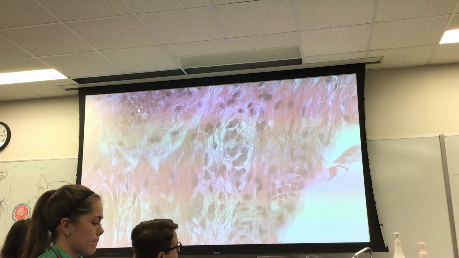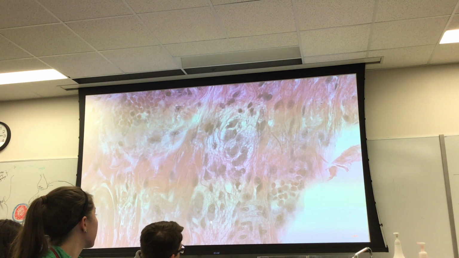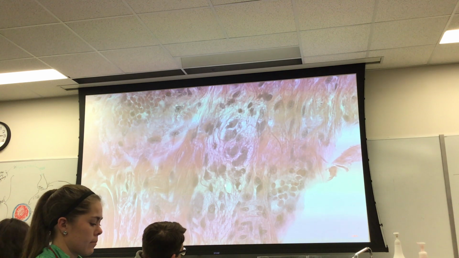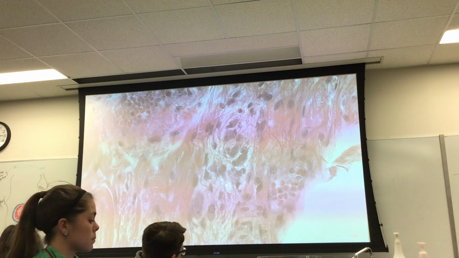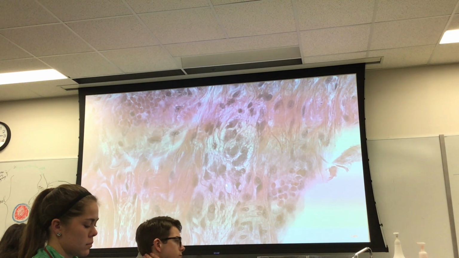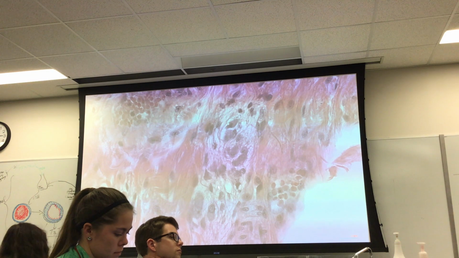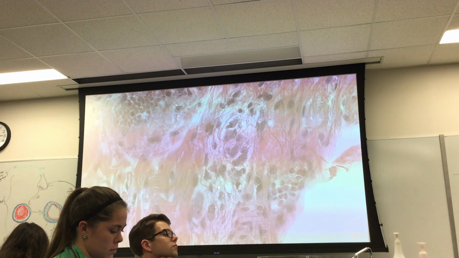So these are blood vessels, those are the red blood cells, but these are neurons. So technically you would call it a ganglion, but in this case, because we're in the wall of a GI tract organ, it's called a plexus, and in this case, this one's called the submucosal plexus.